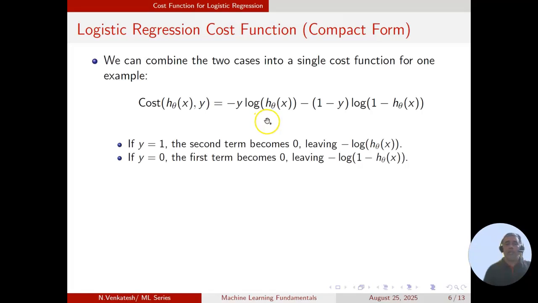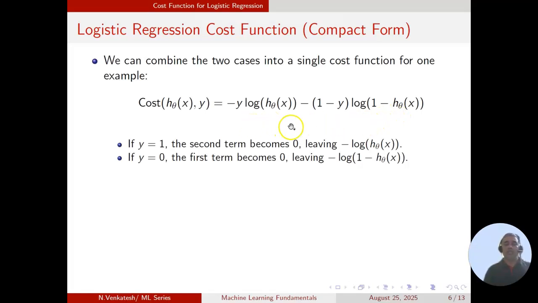Similarly, if y is equal to 0, the first term will be 0, and the second term gives minus log of 1 minus h theta of x. So this gives infinity if h theta gives a value near to 1.